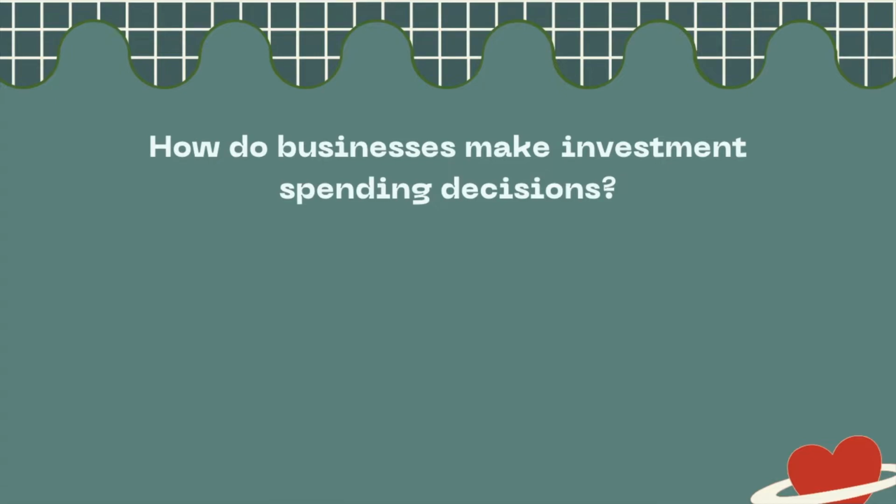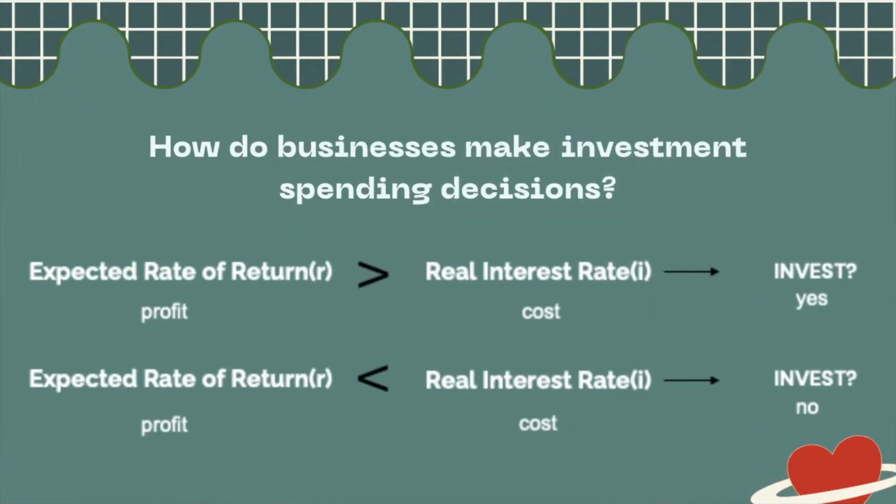And this is an important question: how do businesses make investment spending decisions? In other words, we compare the profit, which is the expected rate of return, denoted as r here in the video, with the cost, which is the real interest rate, keeping in mind that the real interest rate is the nominal interest rate adjusted for inflation, denoted as i here in the video.